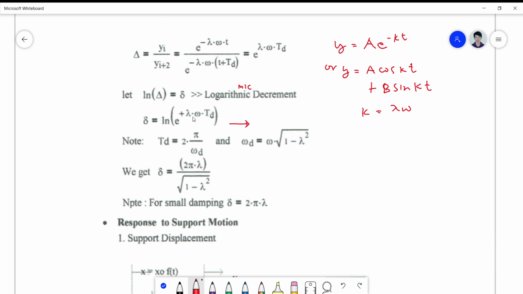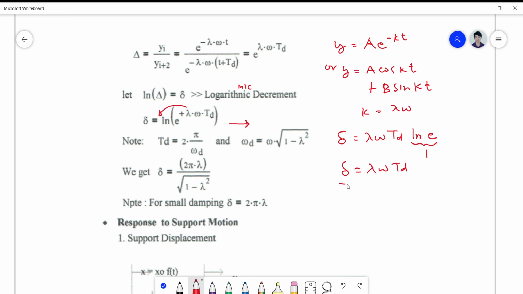Taking note that if we have an exponent, we can simply put it down there. Therefore, delta will simply be equal to lambda omega d times ln of e, and ln of e is equivalent to 1. Therefore, your delta is lambda omega t.